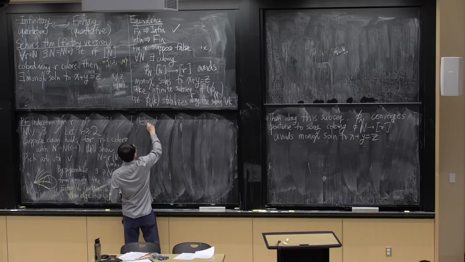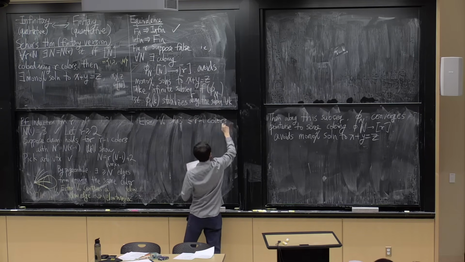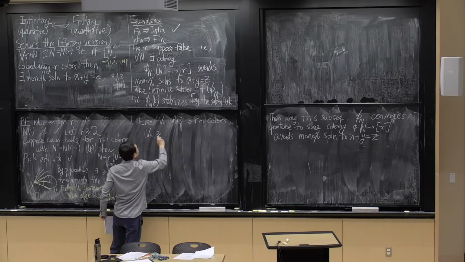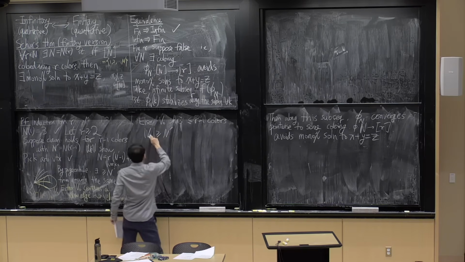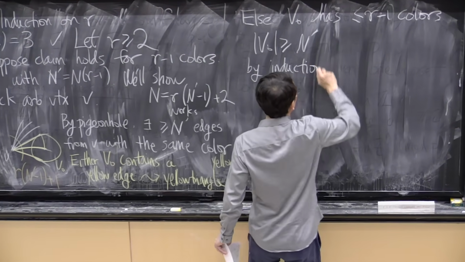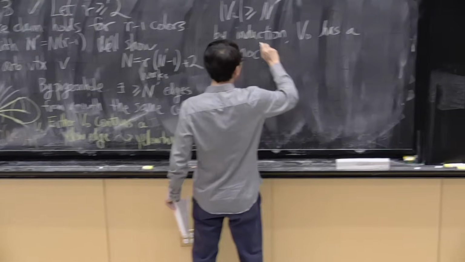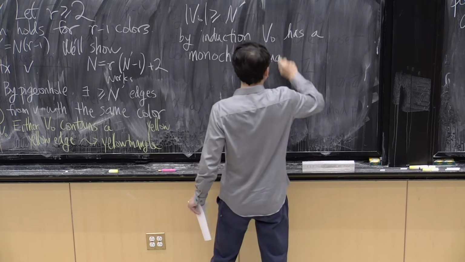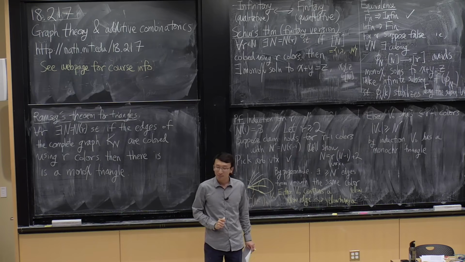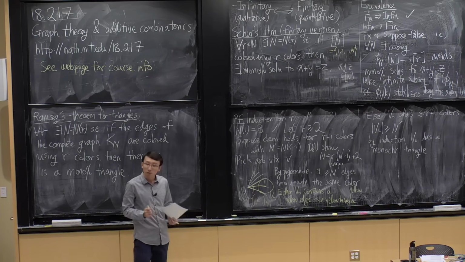Else V naught has at most R minus 1 colors. And V naught has at least M prime number of vertices. So by induction, V naught has a monochromatic triangle in the remaining colors. Okay, so that completes the proof of Ramsey's theorem in this case for triangles. And if you wish to find out what the bound is that comes out of this argument, you can chase through the proof and get some bound.